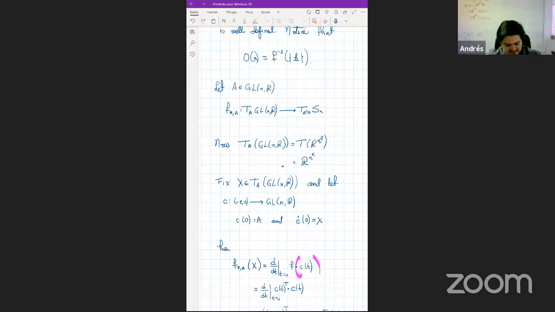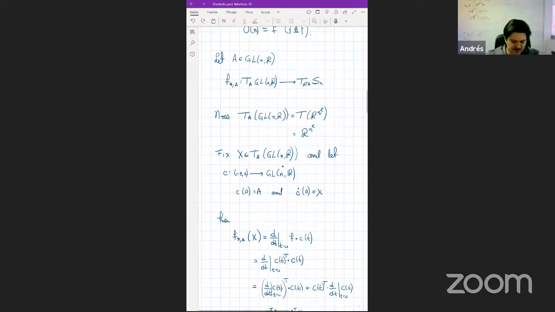Now, do you remember how to take the derivative here? Salvador also asked me this a while ago. What is the differential for the product of matrices? It's the same product rule. So you can work it out. I take the derivative of the first.